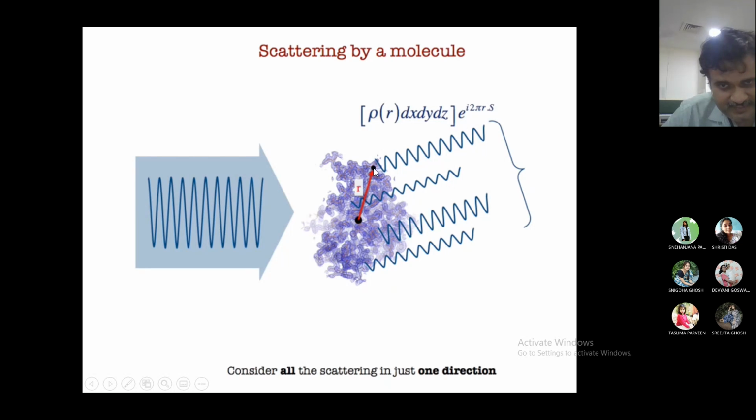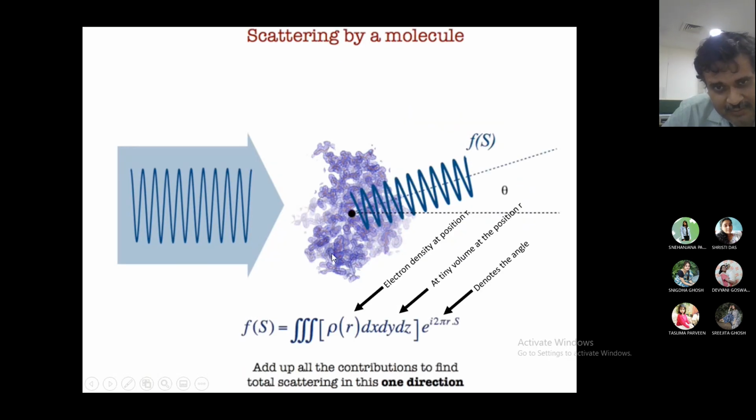Okay. So now if we consider all the points in the particular macromolecule, then what we have to do? We have to add up all contributions to find out the total scattering in this one direction. Summation means summing up all the points that are scattering in this direction, and this is the integration sign for summation of scattering from all the points in the macromolecule or protein in that particular direction.